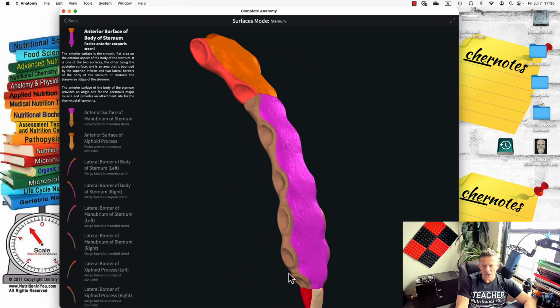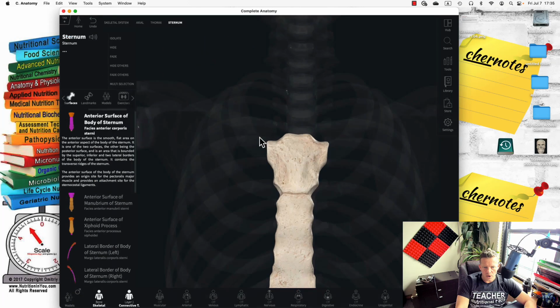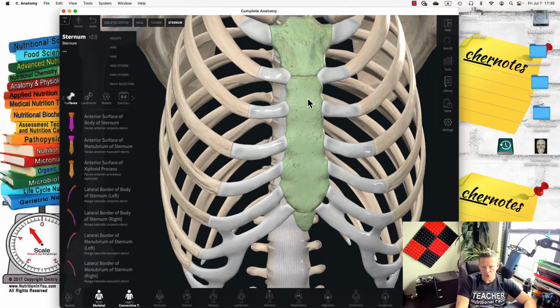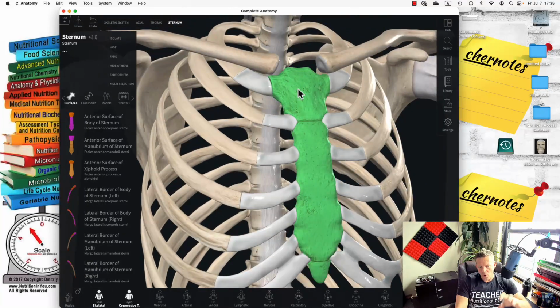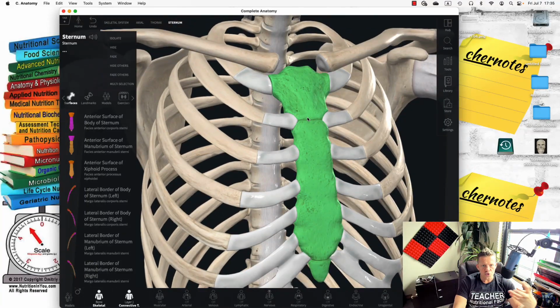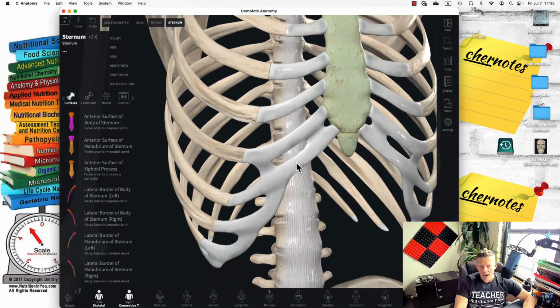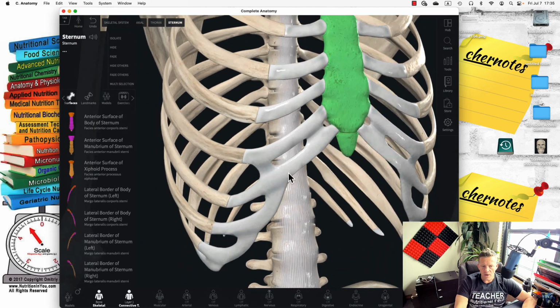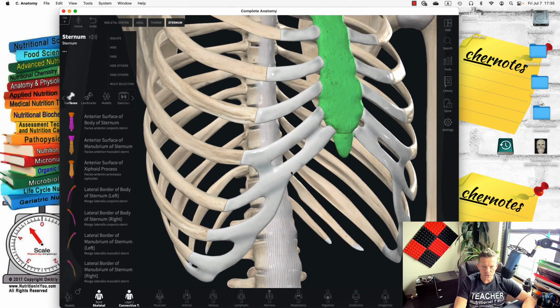The first 7 ribs are attached directly to the sternum. That's why we call those first 7 ribs the true ribs. And the following ribs, 8, 9, 10, 11, and 12, we call false ribs.